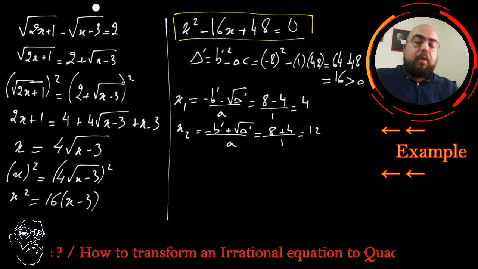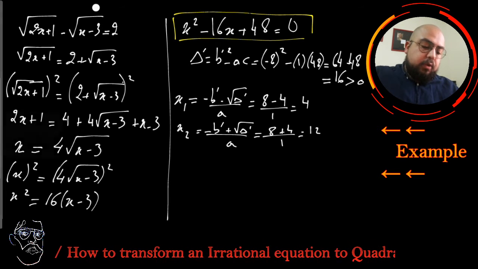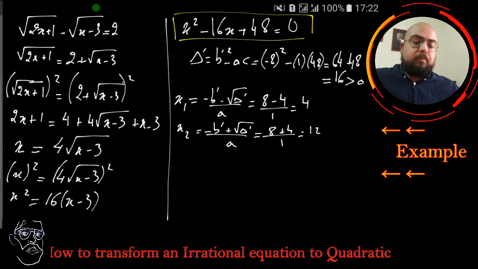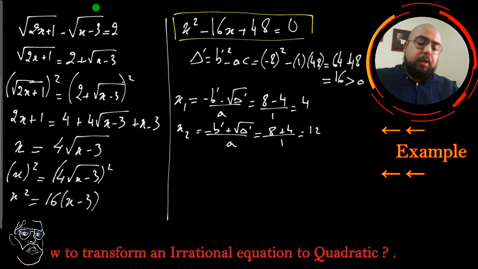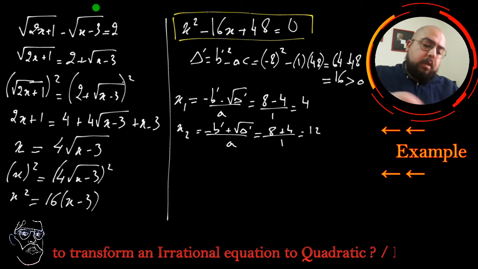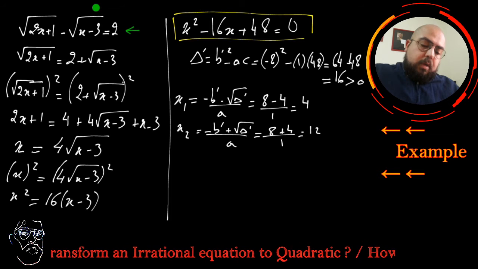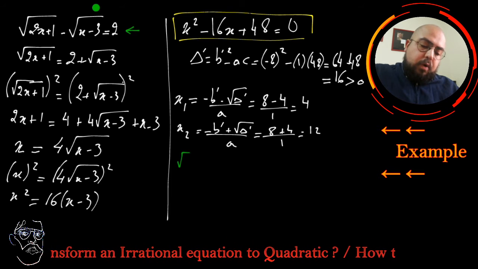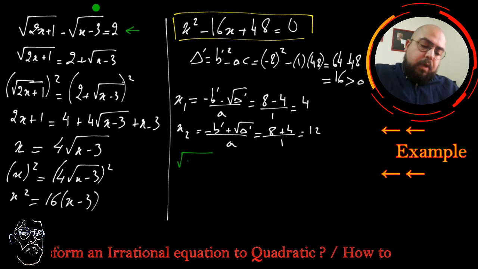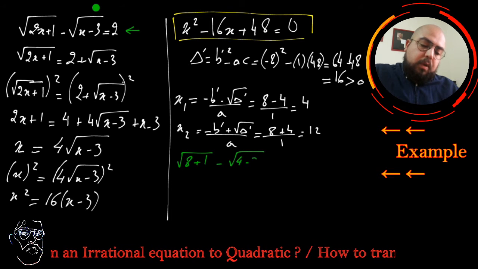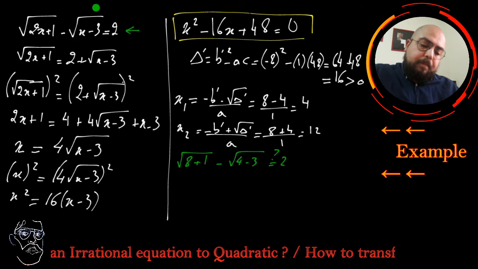Again, I should verify if these roots actually verify the initial equation. So let's check. Is the square root of 2 times 4, 8 plus 1, minus the square root of 4 minus 3, equal to 2?